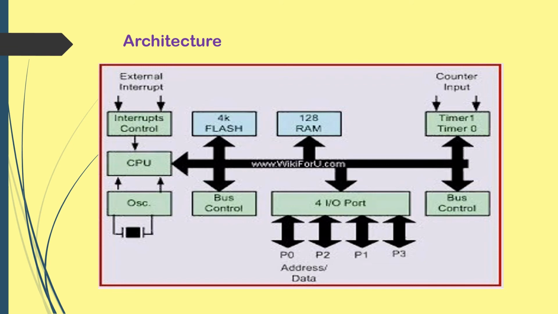Then internal RAM and ROM: the ROM is 4K incorporated on chip. It is non-volatile memory. Its contents cannot be altered, and hence it has a similar range of data and program memory. That is, it can address program memory as well as a 64K separate block of data memory.